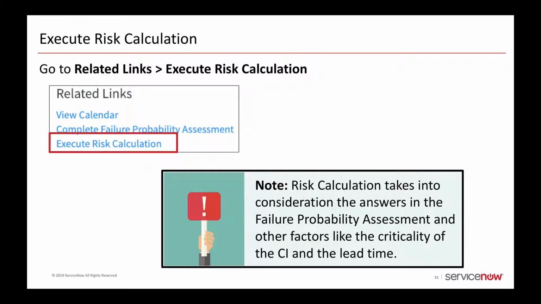Risk, after it is set, gives lead time. Failure probability plus impact equals risk. Note that if both the assessment and the calculate risk options are used together, the highest risk value from both methods is always selected.